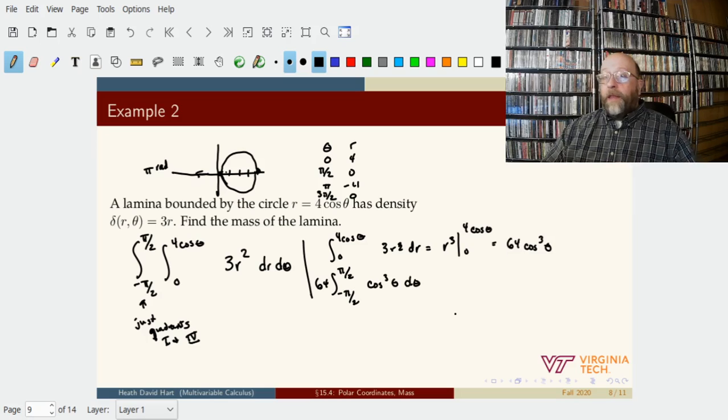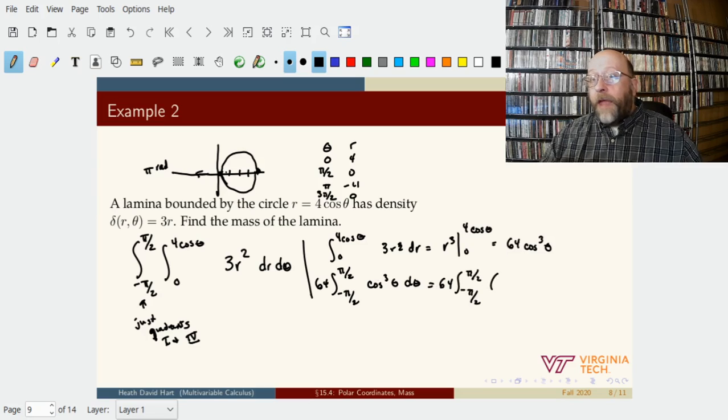And there we have another cosine to a power, but this time it's an odd power of cosine. And we can do that by rewriting this as, take two of the cosines and rewrite cosine squared as 1 minus sine squared. And then take the third cosine and leave it like this.